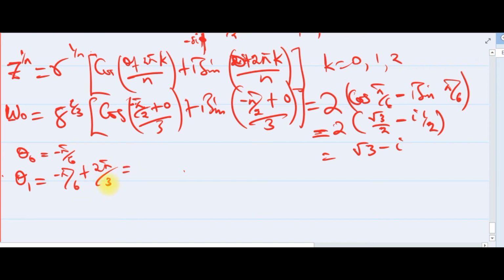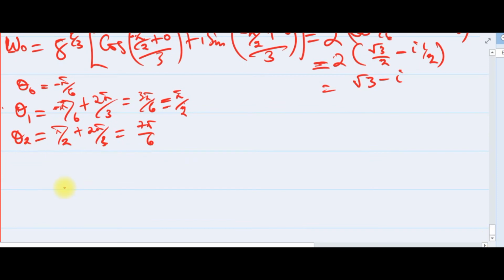So we have 3 pi over 6, which is pi over 2. Do you get what I did? Then the last argument is pi over 2 plus 2 pi over 3, which is 7 pi over 6. So these are the arguments.